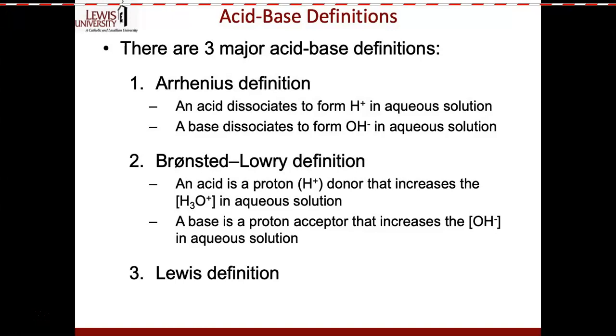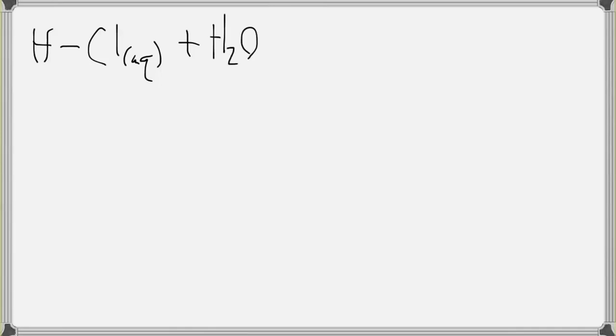So if we think about HCl in solution, what really happens is it doesn't just lose that proton. It actually reacts. So if we have HCl, it's loosely bound to the chlorine atom here, and if you put it in water, it actually is going to react with the water. The Lewis structure of H2O looks something like this, where we have two hydrogens attached to an oxygen, and there are two lone pairs of electrons.